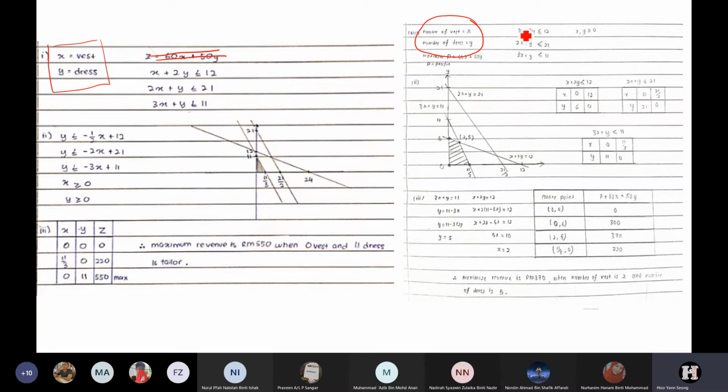If you already wrote it, it doesn't matter, but what they really need is these 3 inequalities. But I encourage you to write again what your x is, what your y is.